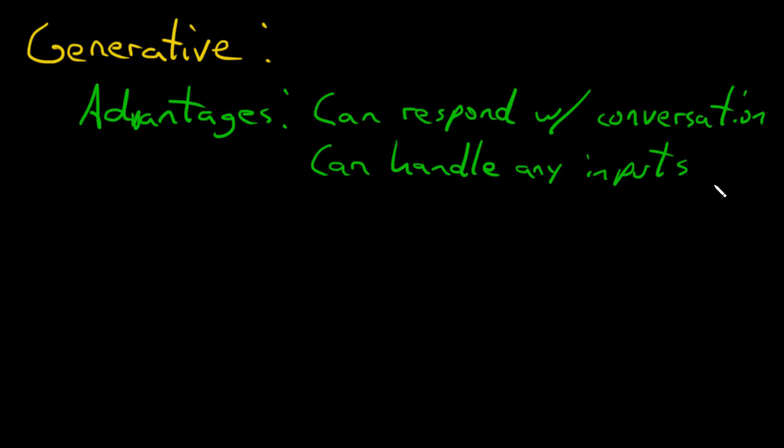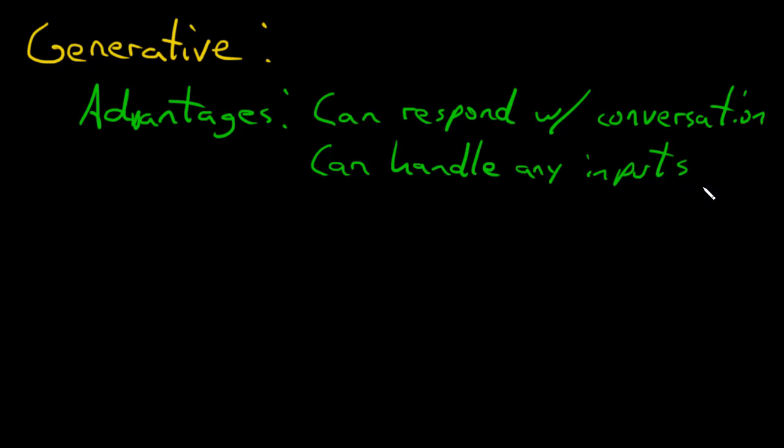It will fail miserably for a lot of them, but let's say you had a generative model for astronomy questions. You could ask a very wide range of astronomy questions to the chatbot, and it would be able to answer most of them in a way that made you feel like you were talking to an actual person.